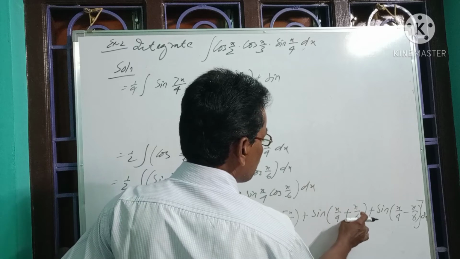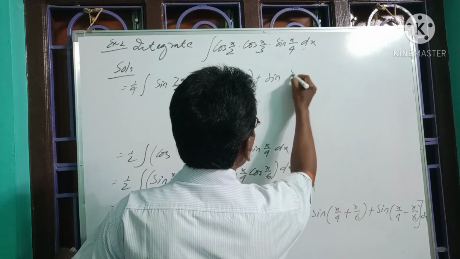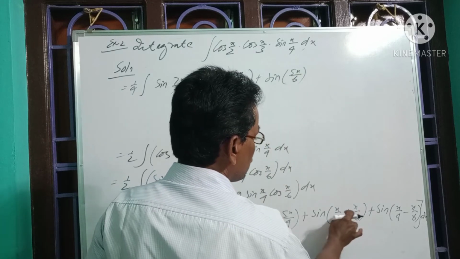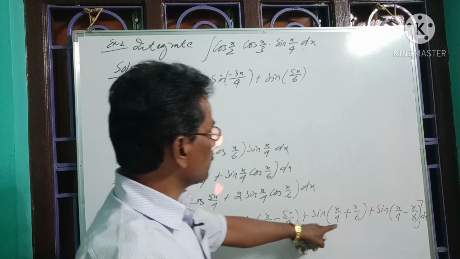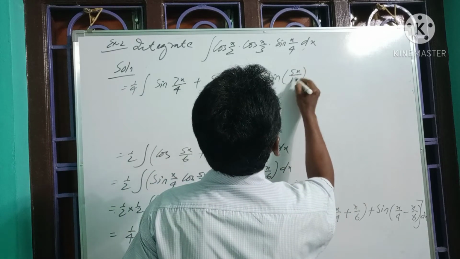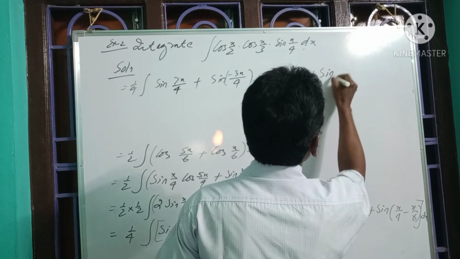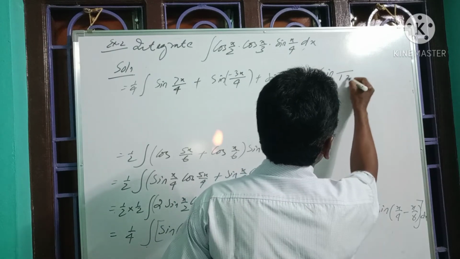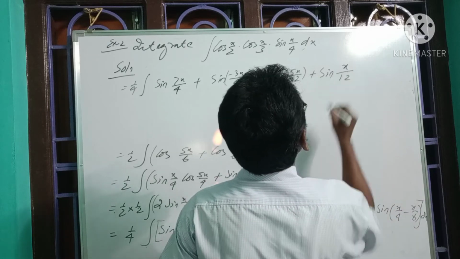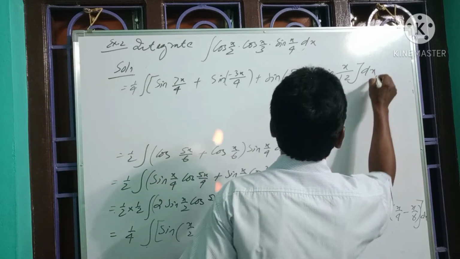So we have 12 by 4, that is 3x plus 2x, that is sin of 5x by 12, and at last it will give us sin of, the LCM is 12, so we have 3x minus 2x, that is sin of x by 12, whole integration with respect to x.